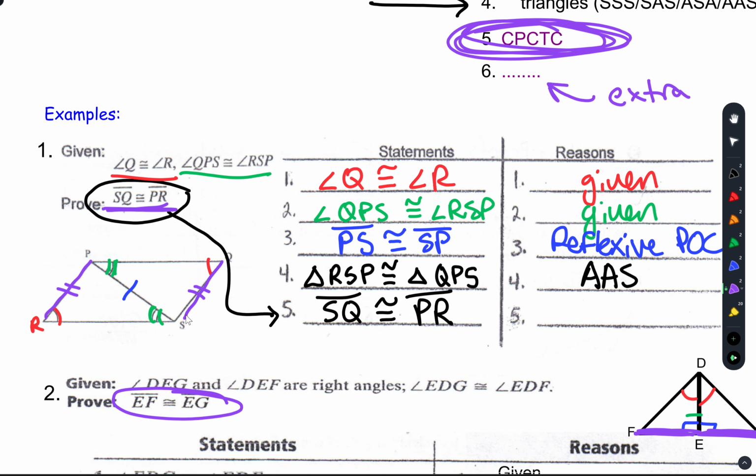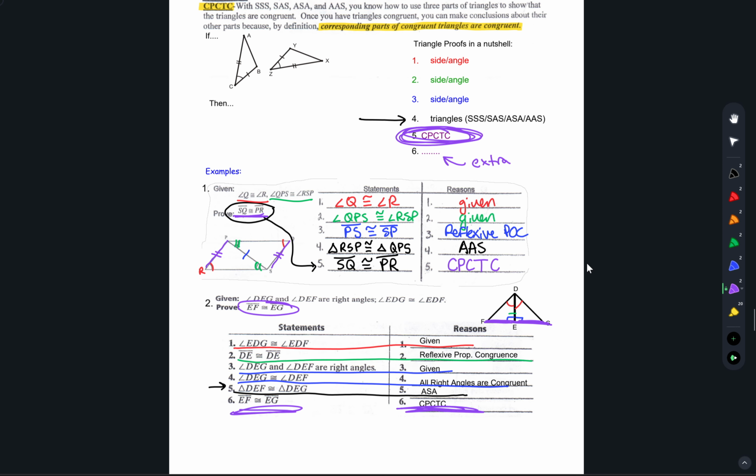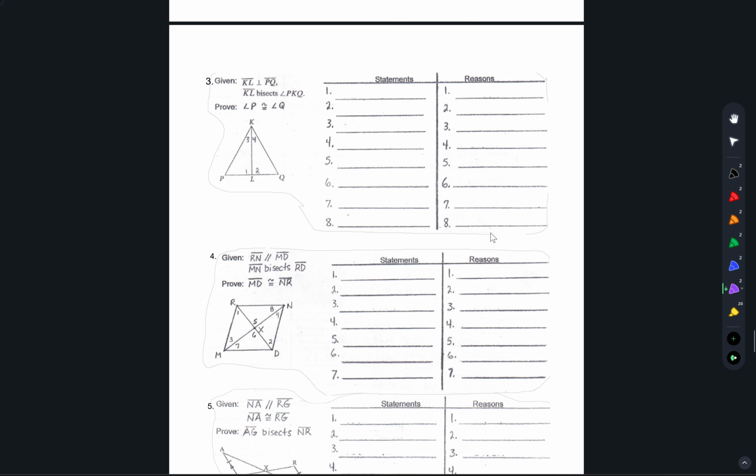Well, now I know that because corresponding parts of congruent triangles are congruent. CPCTC. That's going to become our favorite acronym. Any questions on that? Flip it over.